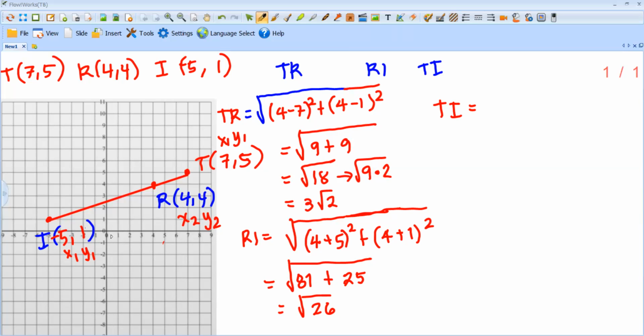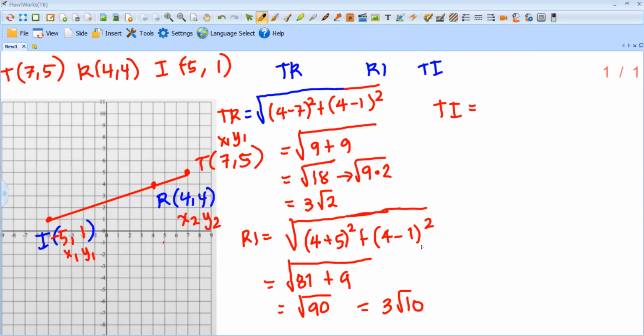And then 4 minus 1 is 3 squared, so that should be 9. That's correct. And then 81 plus 9 is 90. So the square root of 90 will be 3 square root of 10, right?